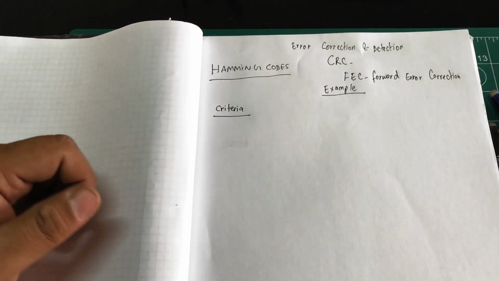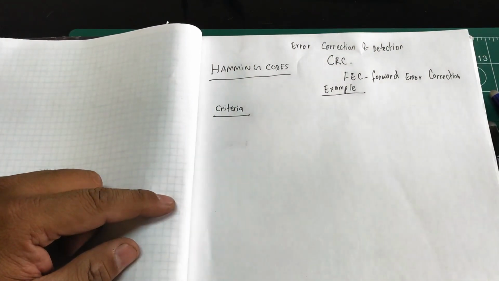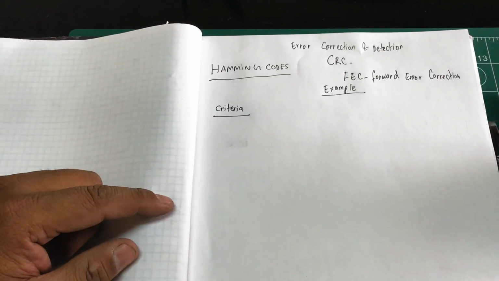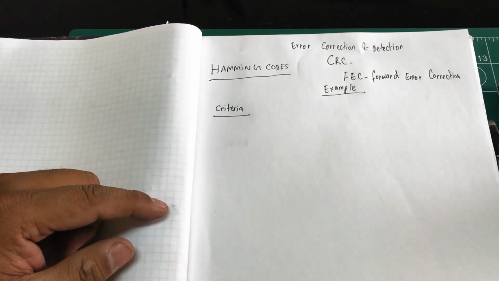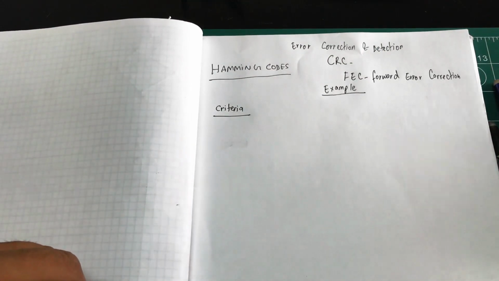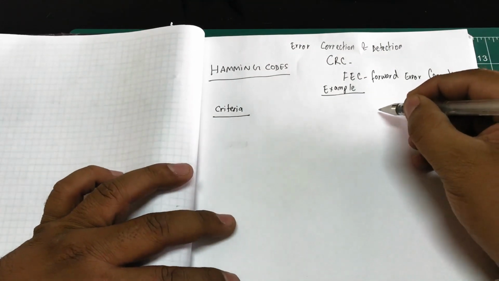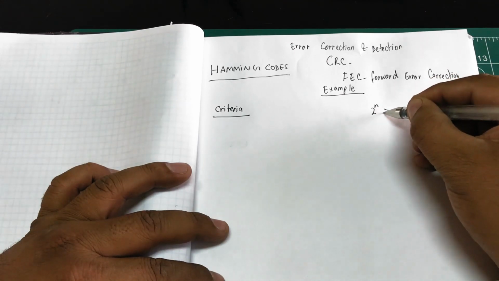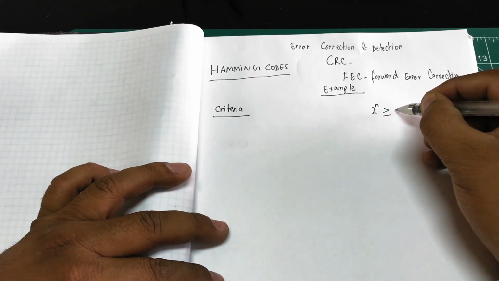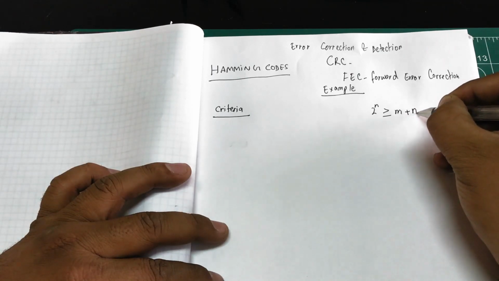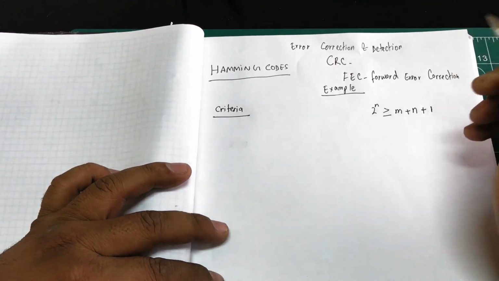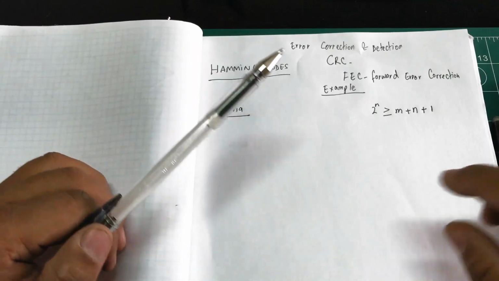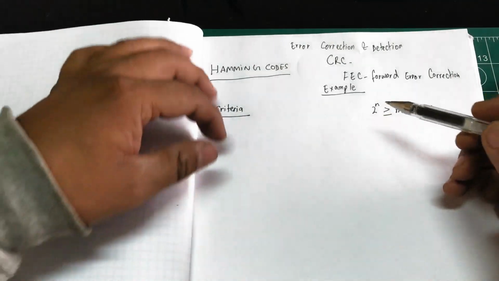So the first criteria that I need to meet is 2 to the n greater than or equal to m plus n plus 1. This is the criteria I need to meet. What is that criteria saying?